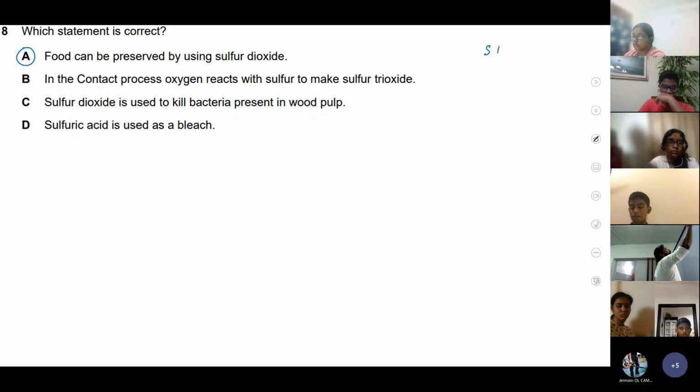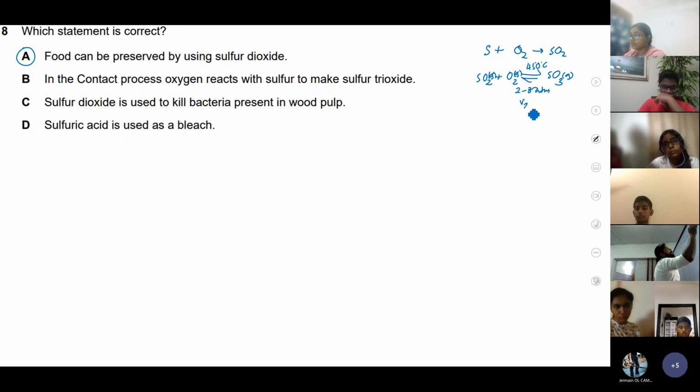Let's write the contact process, children: sulfur, oxygen, sulfur dioxide; sulfur dioxide and oxygen reversible sulfur trioxide. When you write the reversible reaction, make sure you write your physical states as well as the temperature, 450 degrees, and vanadium pentoxide.